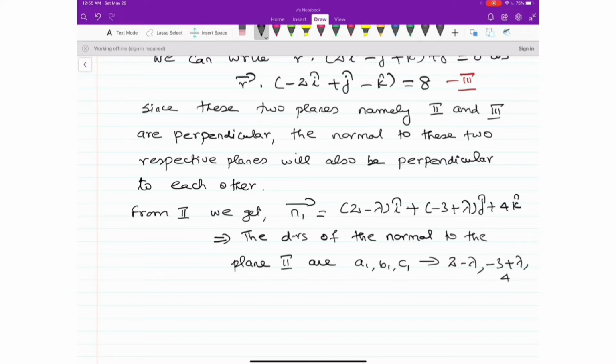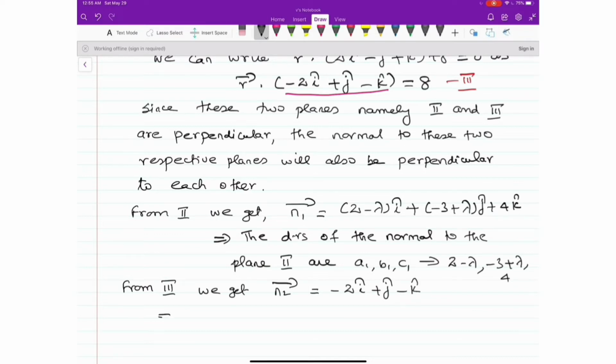Same way, from 3 we get vector n2 is equal to, this is going to be the normal vector, r vector dot n vector is equal to d. So minus 2 i cap plus j cap minus k cap.